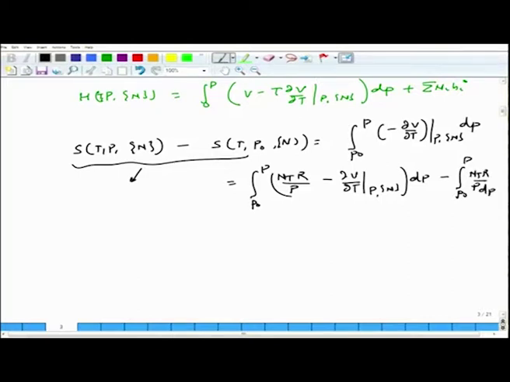The reason we have done this is because this term is nothing but the term corresponding to the ideal gas, and let me just write that.